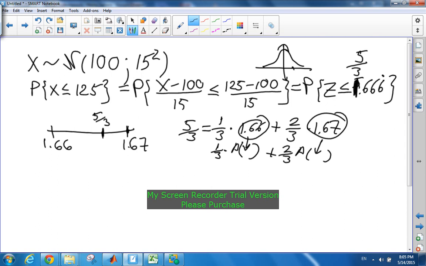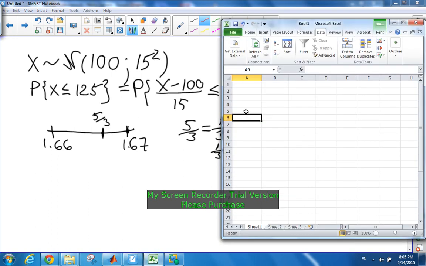Okay, so somewhere here is 5/3, and what we are looking for is this area here. This cumulative probability.